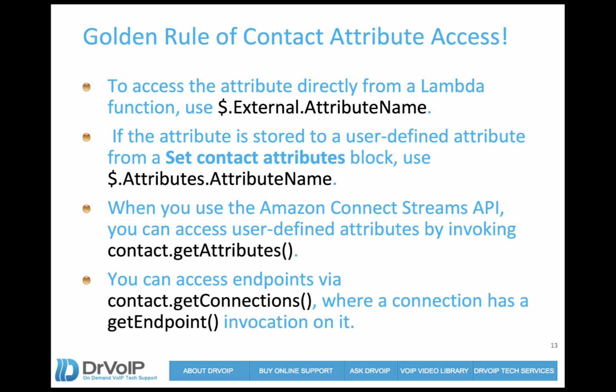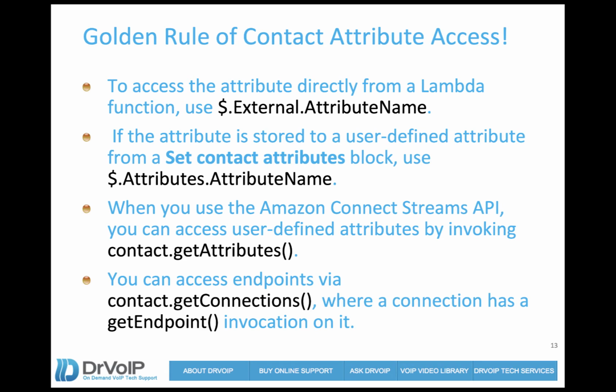So typically, if you're going to go outside of the contact center to an external database and bring back some information, you're going to refer to that as $.external. So when we had that Lambda function go out and get a piece of information, we brought it back.